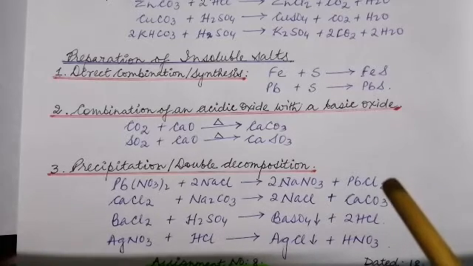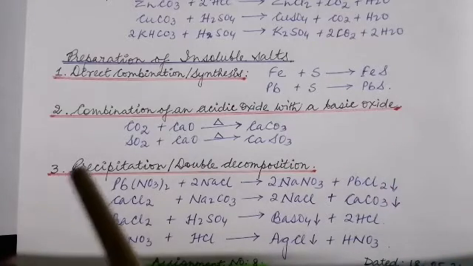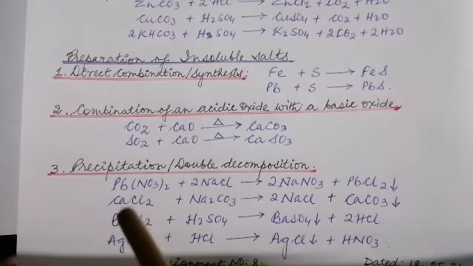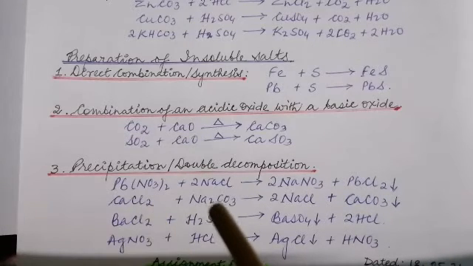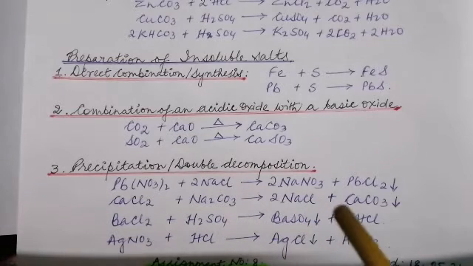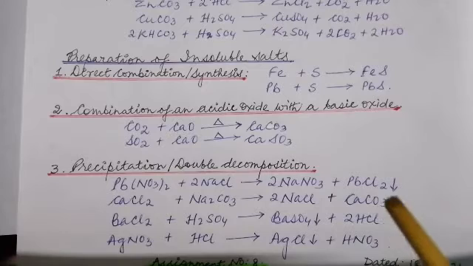So this is a precipitation reaction. The second one, calcium chloride solution when reacted with sodium carbonate solution gives me sodium chloride and a white precipitate of calcium carbonate. So this is the insoluble solid that is left behind, which is calcium carbonate.